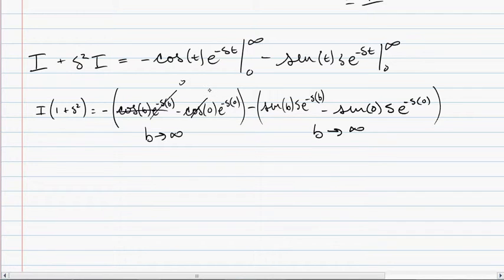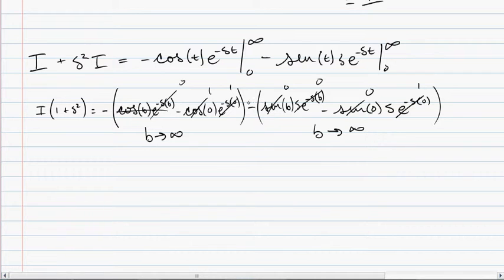This is going to be 1. This is going to be 1. This is going to be 0, and this is 0 as well. No, I'm sorry, that's not 0. But we don't care what that is, since that's 0. This is going to be 1. And this is going to be 0.